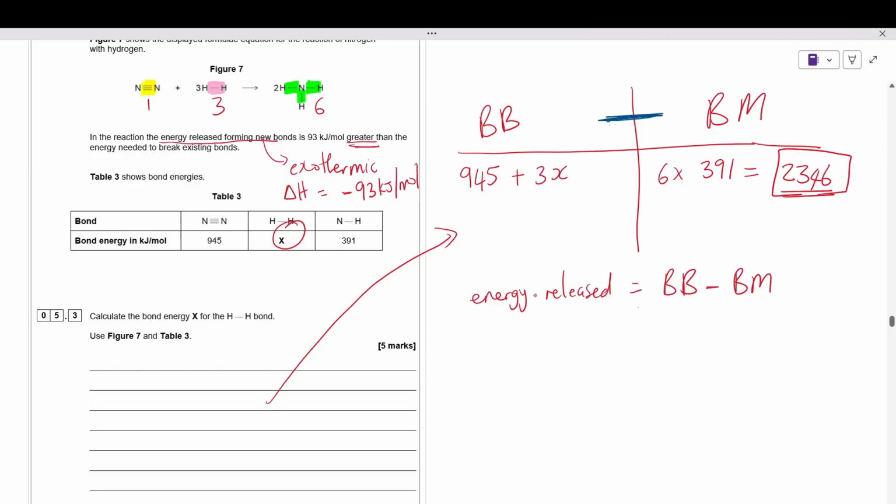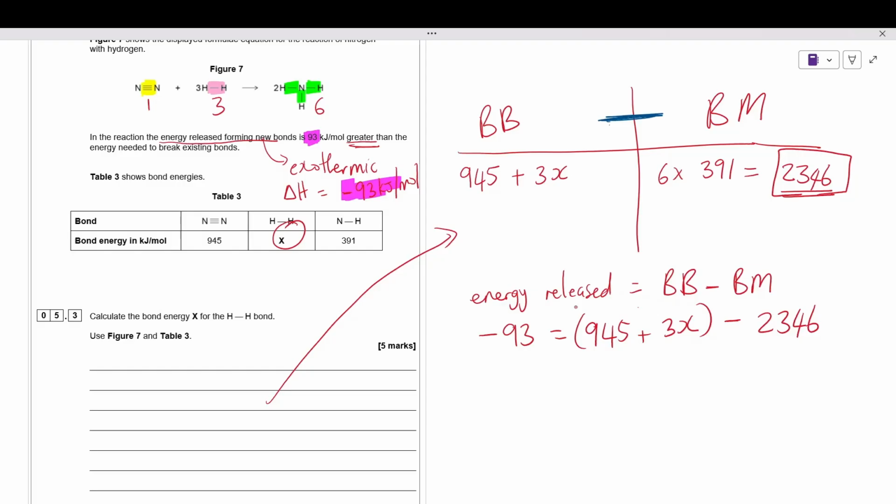Now remember, our energy released was given to us already to be negative 93, because that's energy released. So I'm just going to note that down as my energy released, negative 93, and that's going to be equal to my 945 plus 3x, put that in a bracket, minus my 2346.